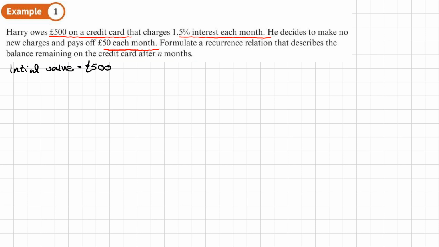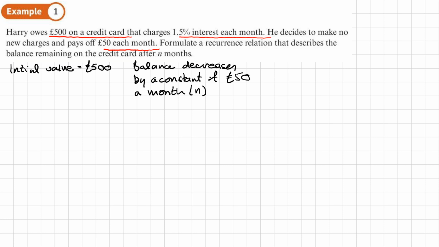Every month the balance is going down by £50. Okay, so we've got this constant. So the balance decreases by a constant of £50 a month. Okay, we're using n to stand for the number of months, but there's also something else going on.